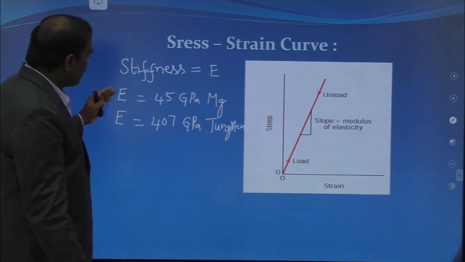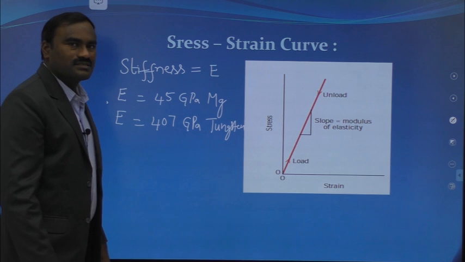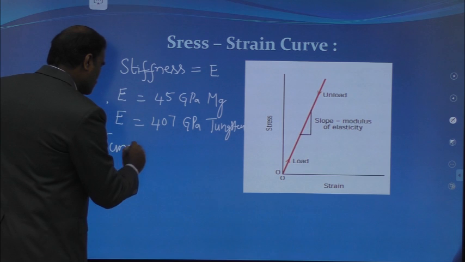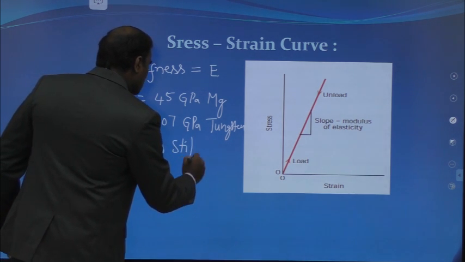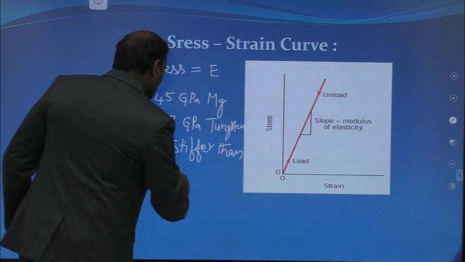By comparing these two values of Young's modulus, you can say tungsten is stiffer than magnesium.